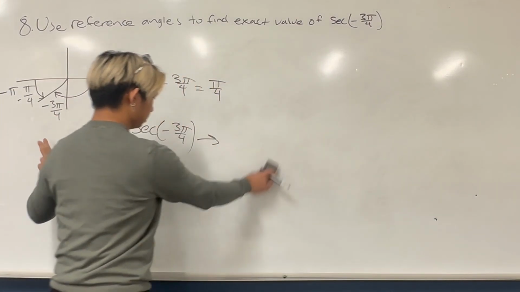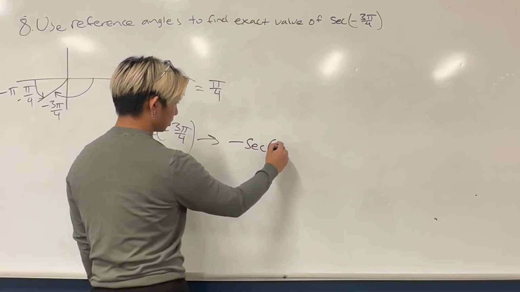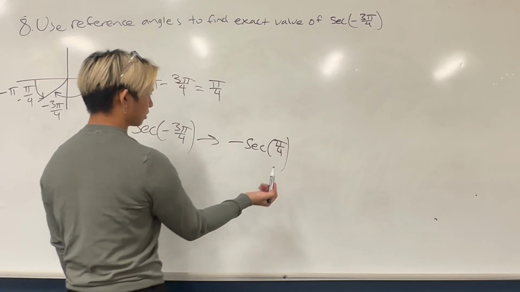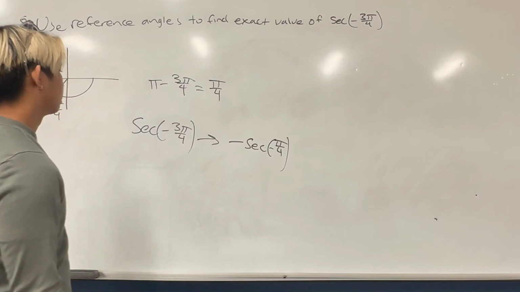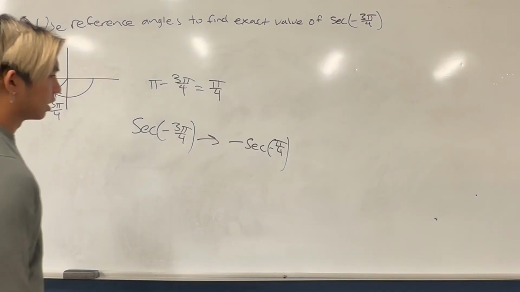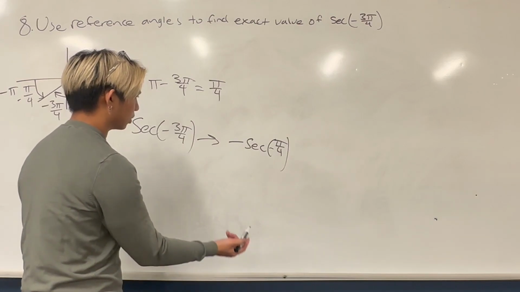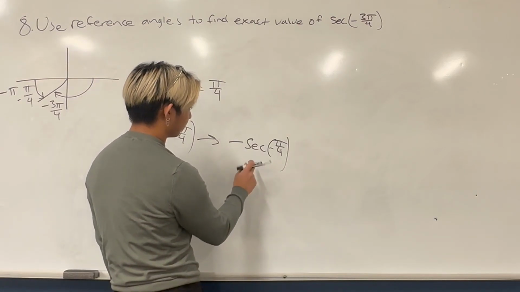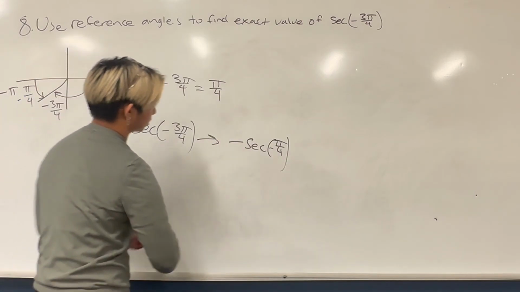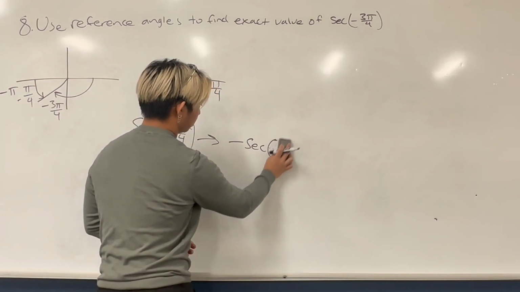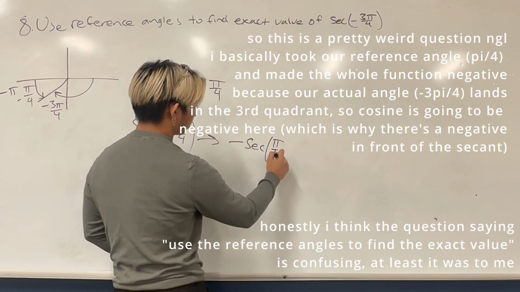So I think it's written out like this: negative secant of pi over 4. Yeah, so let's roll with that. Negative secant pi over 4.